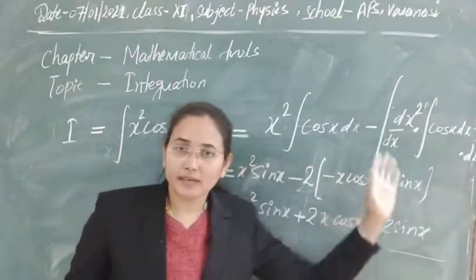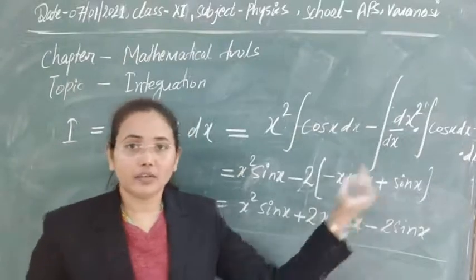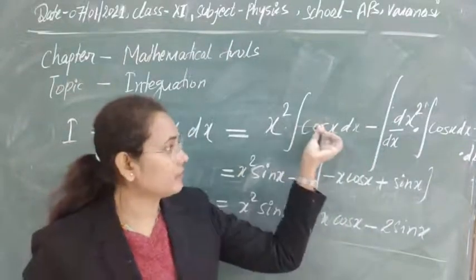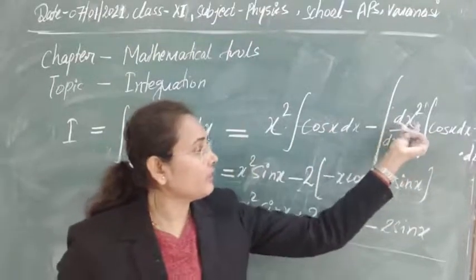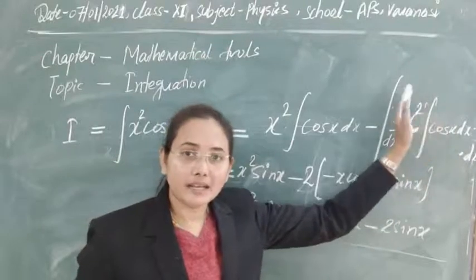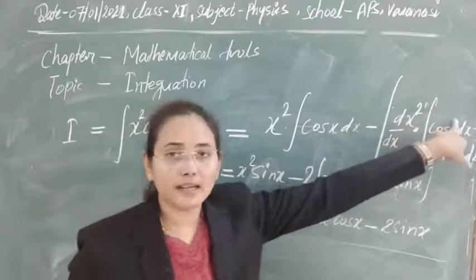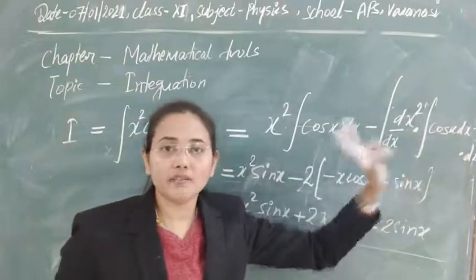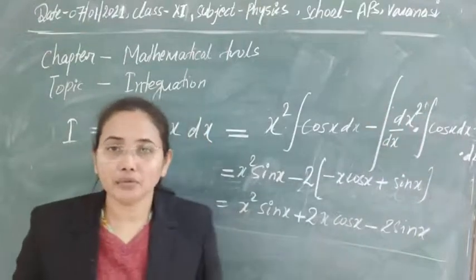So like I have just told you why we have to take it in that way. If you take x here, then you will get only 2x sin x. But if you take cos x for differentiation and x square for integration, means interchanging, then after integration this function will become x cube by 3.